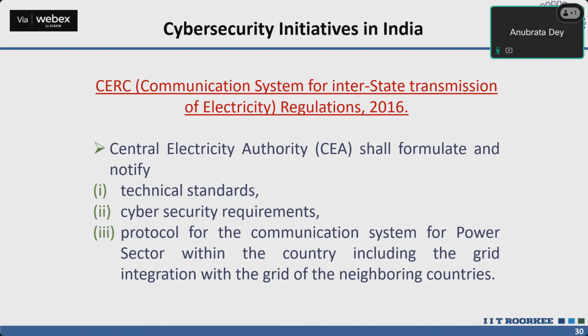They started, and recently in 2024 CEA has completed this. They formulated and notified the technical standards, cyber security requirements for all the private and public power producers. So these guidelines also CEA has given nowadays.